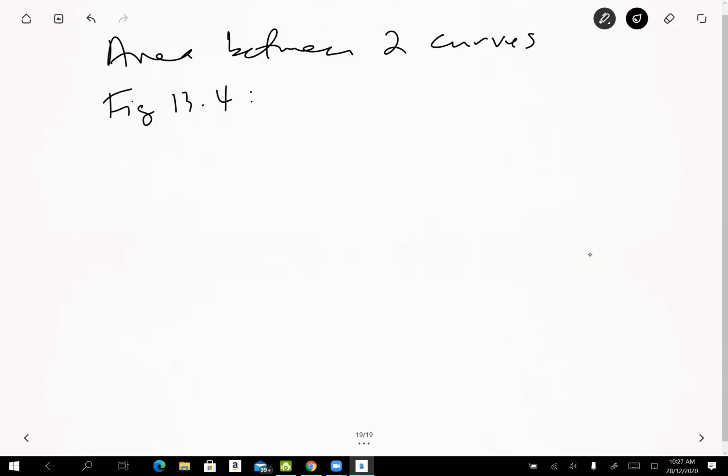You are given two functions, f of x and g of x. f of x happens to be higher than g of x. You don't want the area under f of x, and you don't want the area under g of x. What you want is the area between the two functions. Can you see that? So how do you find it? We make use of the concept that we learned in 13.1 and 13.2.